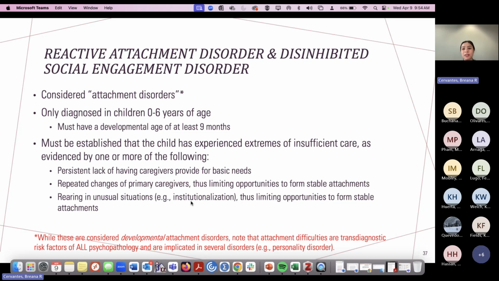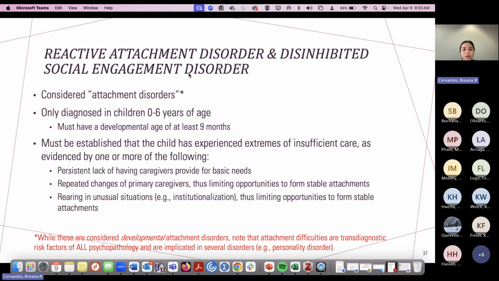If you remember the Bucharest Early Intervention Project we talked about weeks ago when we talked about attachment and rearing and sensitive periods, that's an example of an unusual situation where probably a lot of those children had one of these disorders, most likely. So this must be true in order to even look at reactive attachment disorder or disinhibited social engagement disorder.